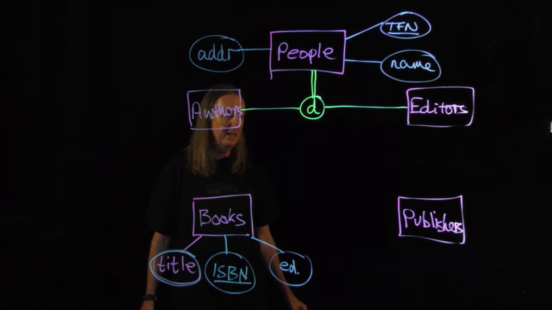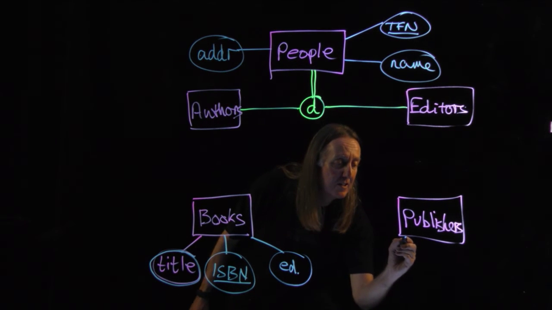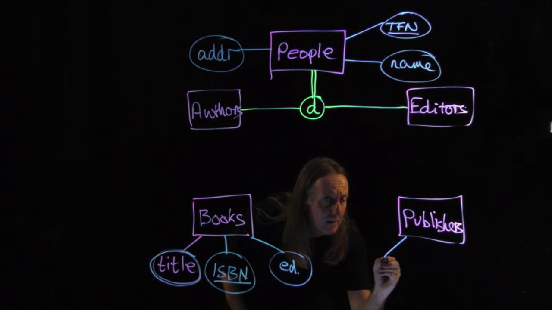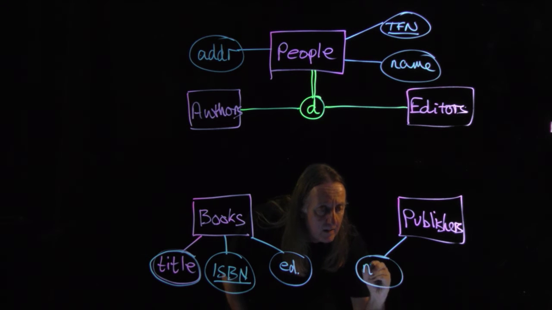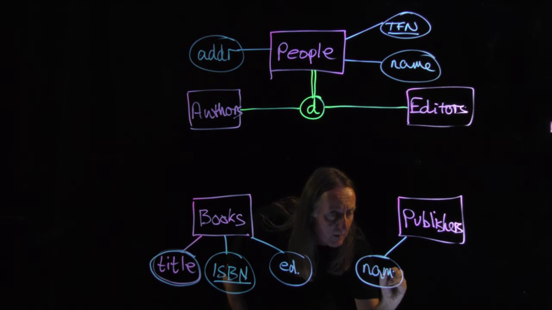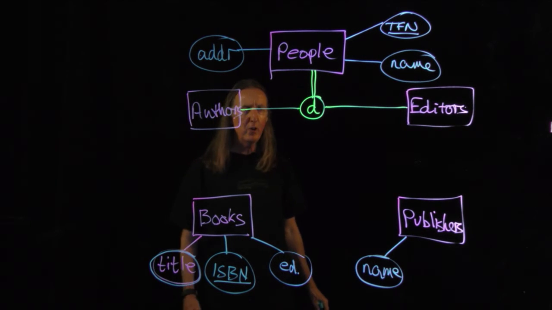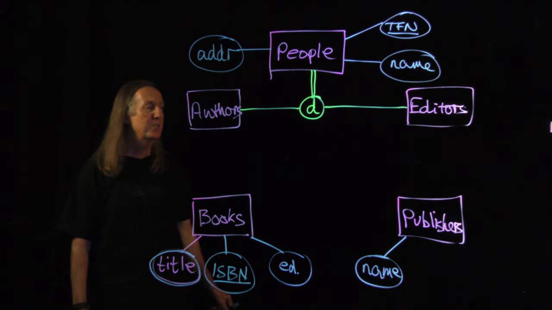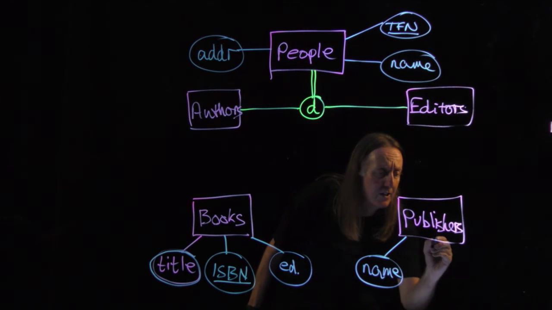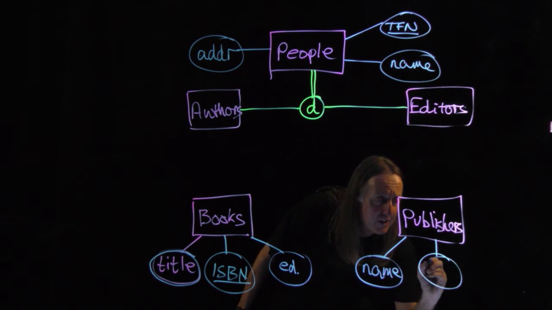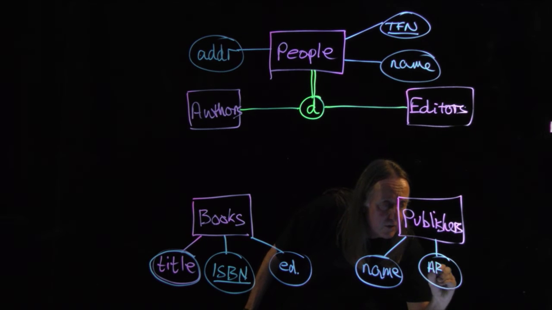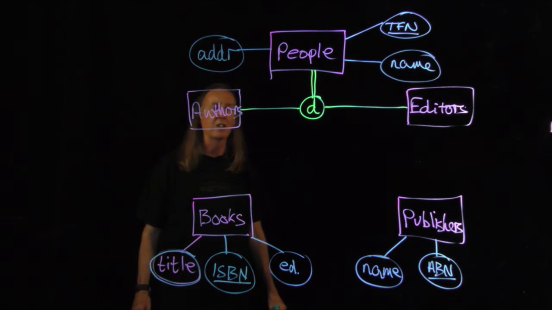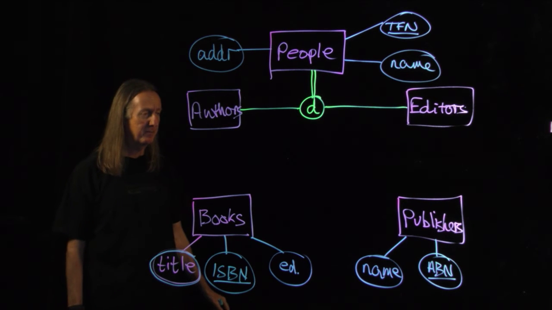Publishers have a name like Springer or Harper or Collins or whatever. That would probably be unique, but all publishers also have to have an Australian business number in the Australian context, and that's for tax purposes, and that certainly uniquely identifies a business, so it's going to uniquely identify the publisher.